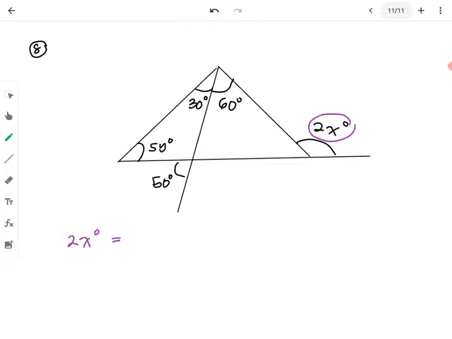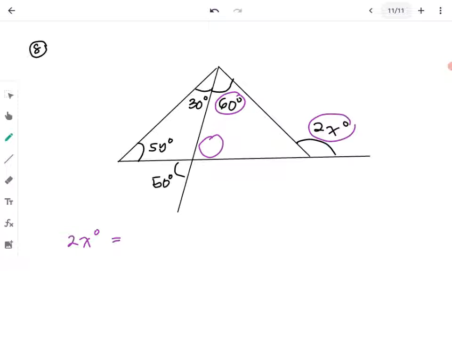If you remove this part, we need this one and we need this angle, because those are the 60 degrees and that angle there, the missing angle. Those are the opposite interior angles that we're going to use to make an equation for 2x degrees.